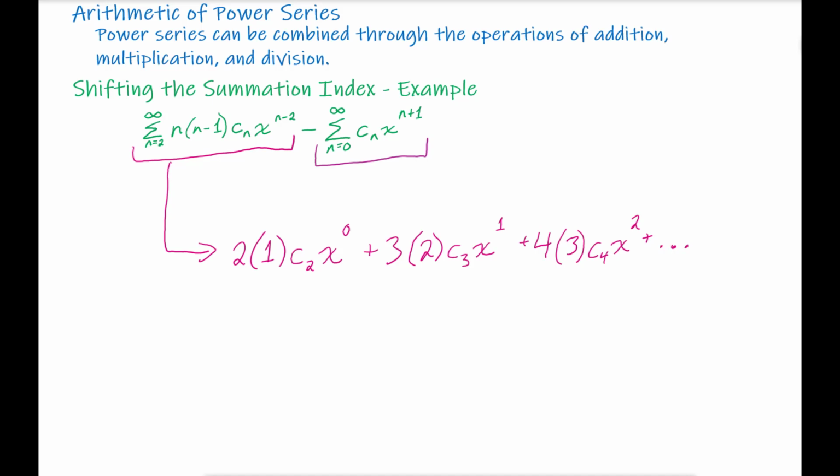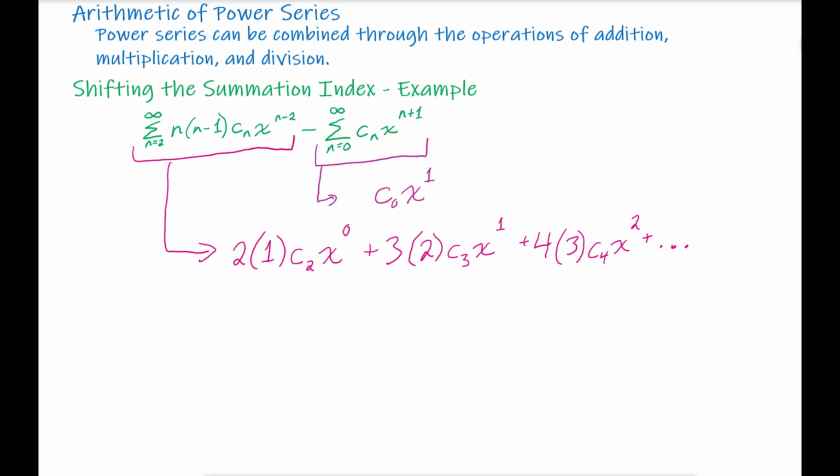Now, I'm going to look and see what the terms of the second series look like. So I'm offsetting them a little bit for a reason that will become clear soon, but let's take a look at the first term. Plugging in 0, I get c sub 0 x to the 0 plus 1, so to the first power.